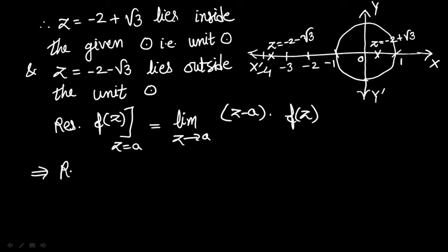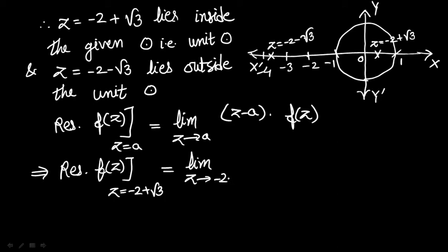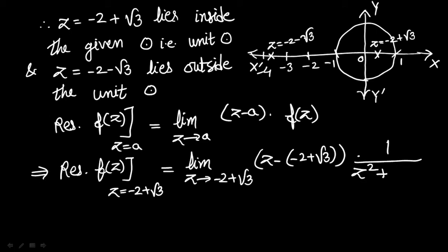Residue of f of z at a equal to minus 2 plus root 3 equals limit z tends to minus 2 plus root 3 of z minus of minus 2 plus root 3, into f of z. f of z is 1 upon z square plus 4z plus 1.